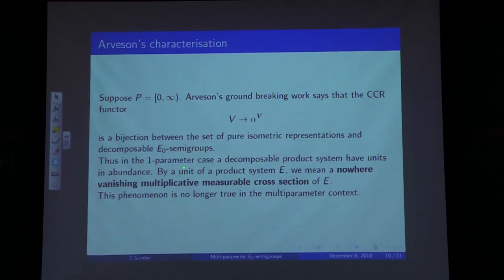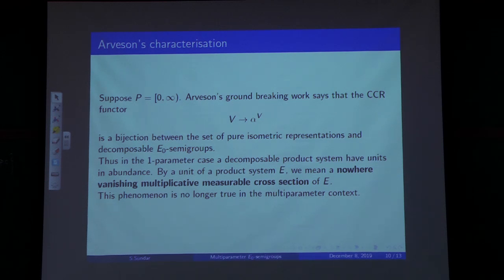So in the one parameter case, one of the characteristics of the CCR flow is that it has a lot of units. So what is a unit? This is the product system over P, a bundle of Hilbert spaces over P. A unit is a cross section of E which is multiplicative.